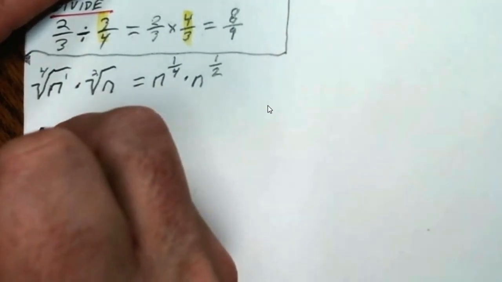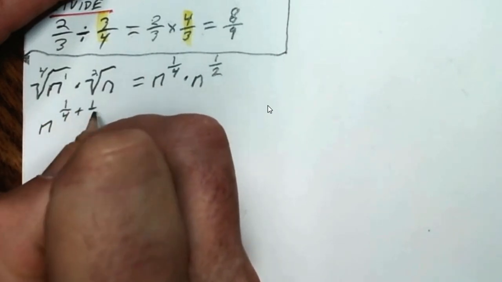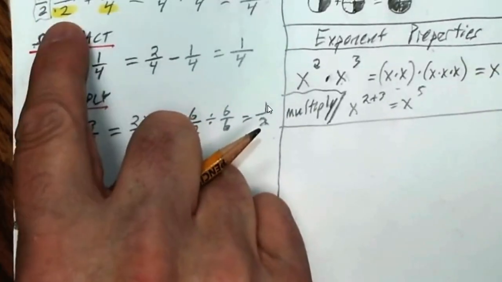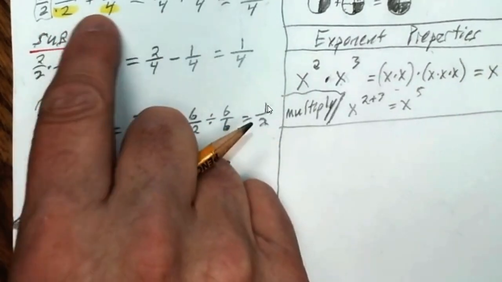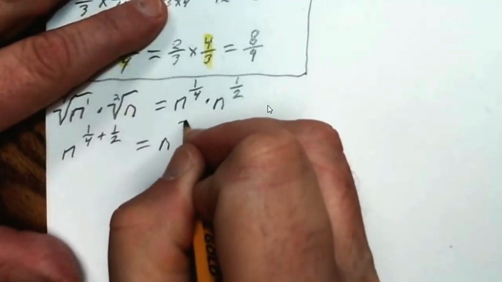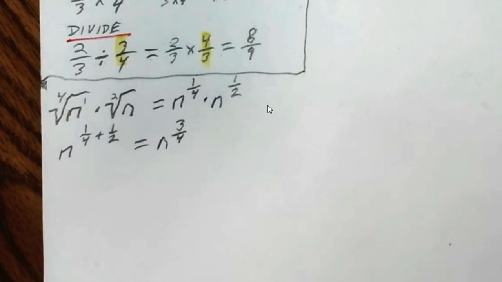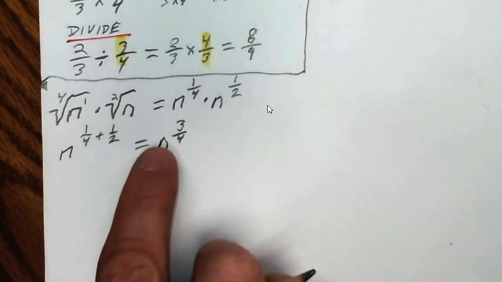So that's the same as n to the 1/4 plus 1/2. And we know that in adding a 1/4 plus a 1/2, we have to convert them to the same denominator. And we know a 1/2 and a 1/4 add up to be 3/4. So this is n to the 3/4. So the fourth root of n times the square root of n is n to the 3/4.